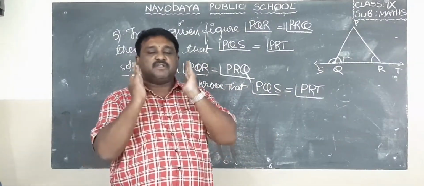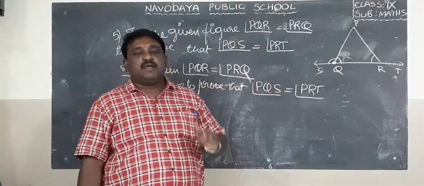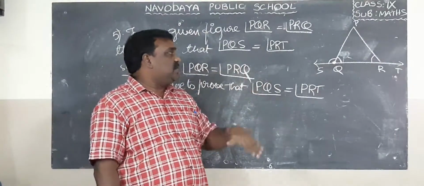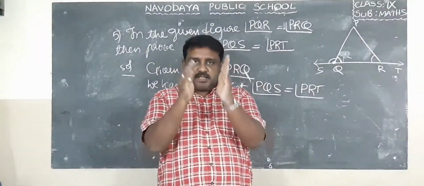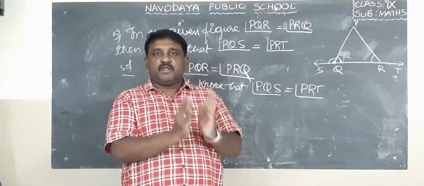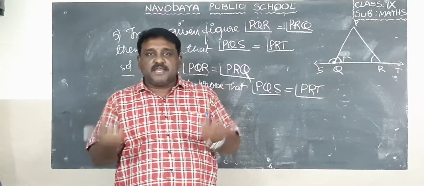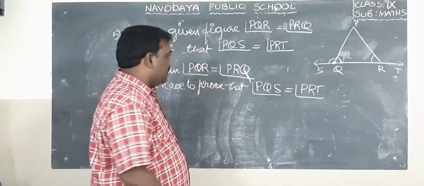Okay now, we write every step from the diagram only. Angle PQR plus angle PQS equal to 180. What is the reason? They are adjacent angles. So, linear pair. Why is it a linear pair? Because they are adjacent angles. Okay na?